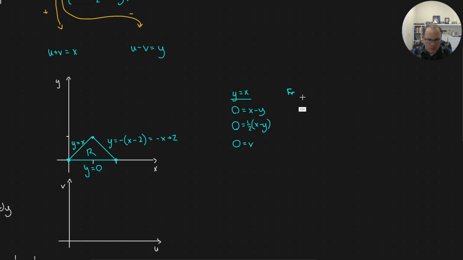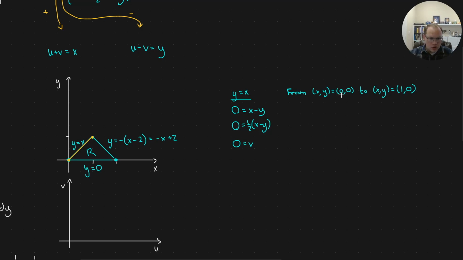From xy equals (0, 0) to xy equals (1, 0), right? This line here, going from (0, 0) to (1, 0).